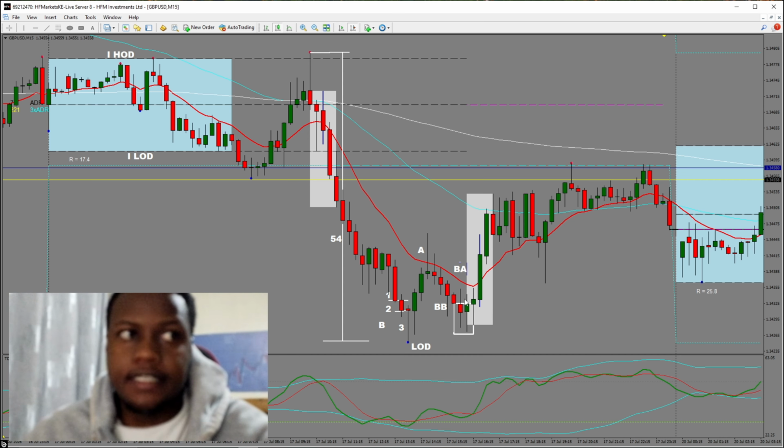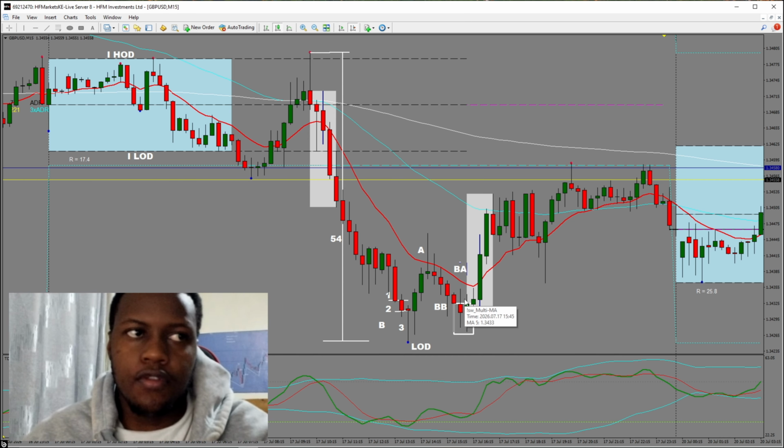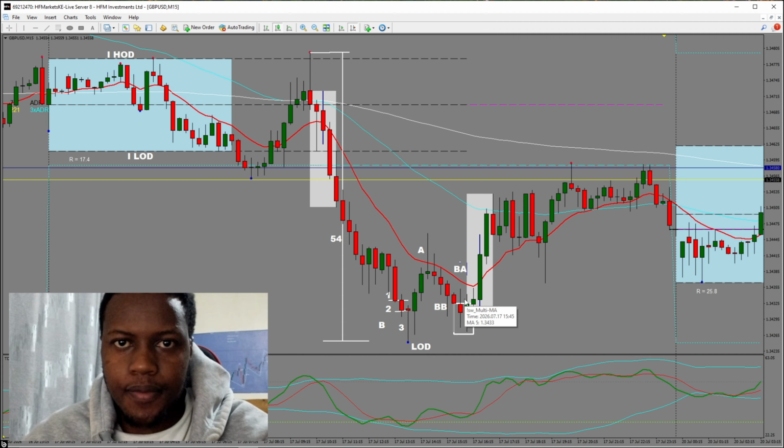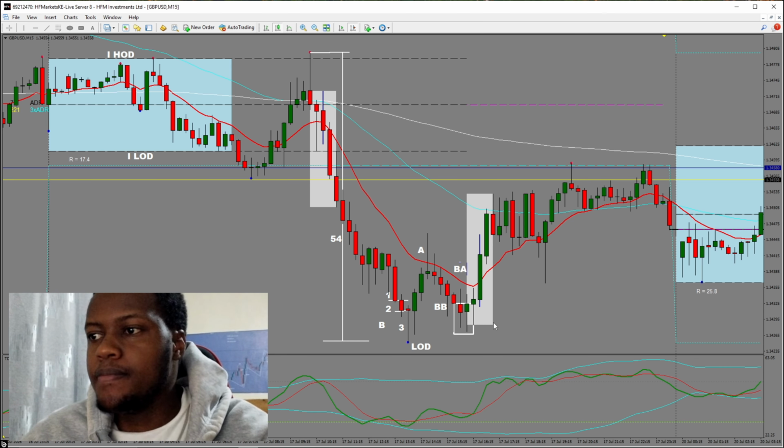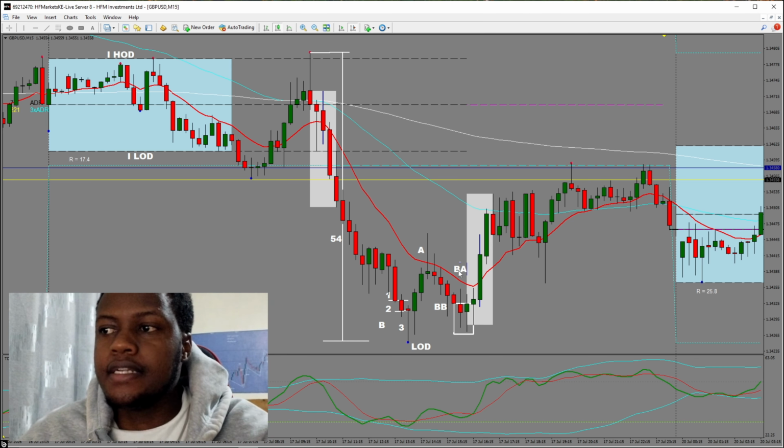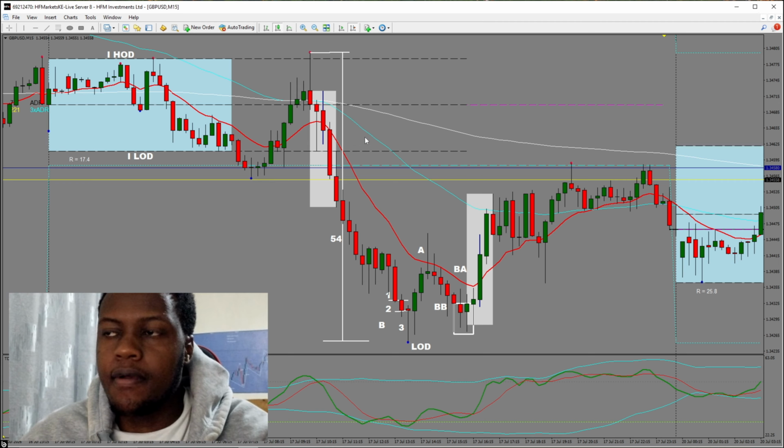Sometimes they vary it. It doesn't have to be exactly 9:45 or 3:45 a.m. New York. Okay, so they might vary it, but it will be exactly near the London open box or just on the New York box.